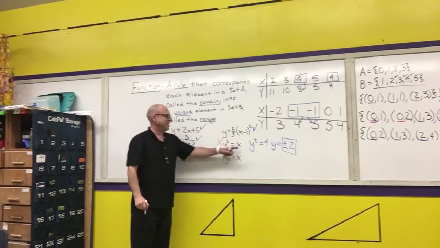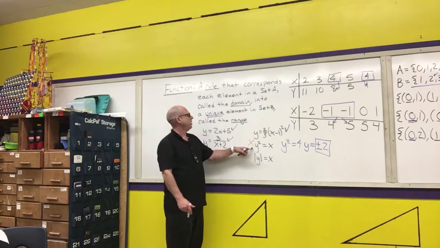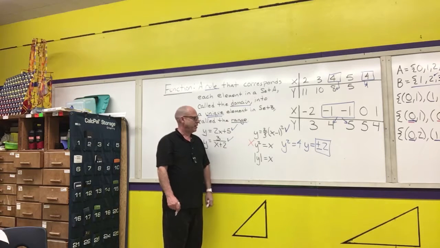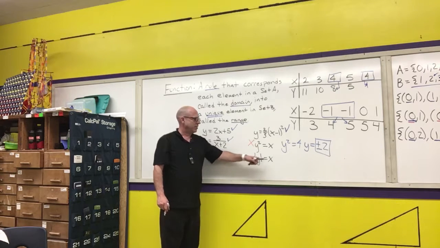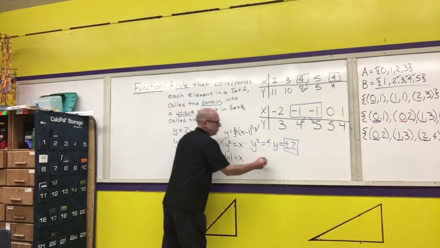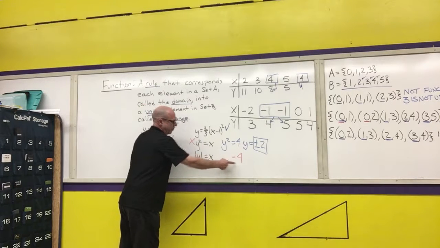Basically, any time that you have the y variable, your output or range variable, to an even power, it's probably not going to be a function. Same thing here. What if I want to figure out what numbers I have to put in for y to give me the number 4?